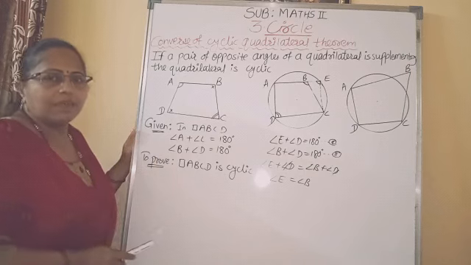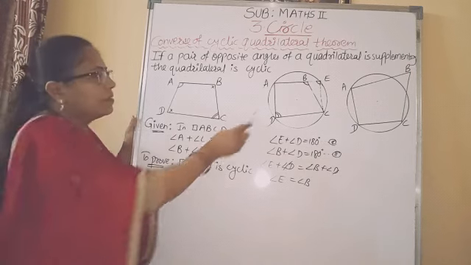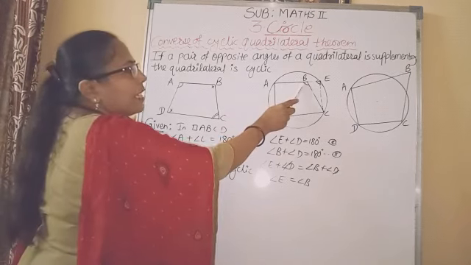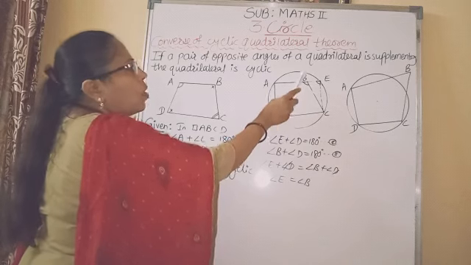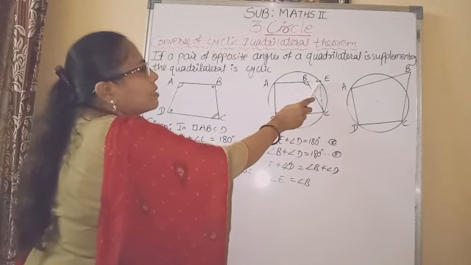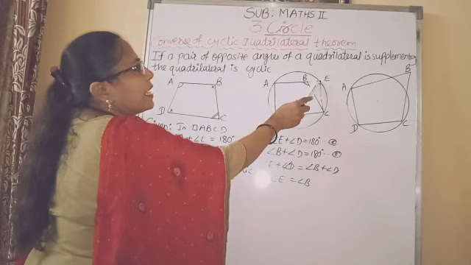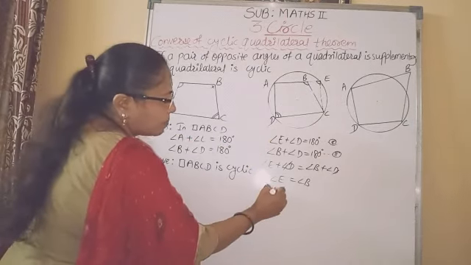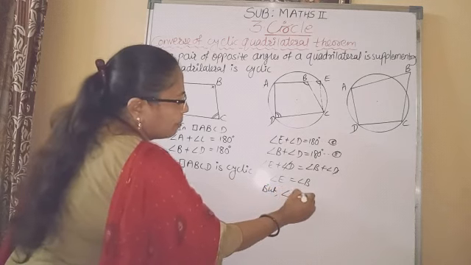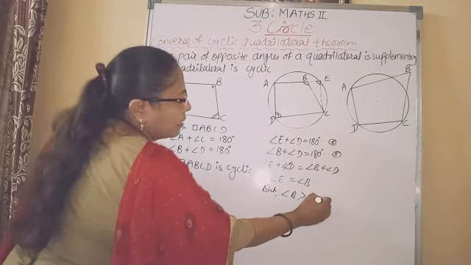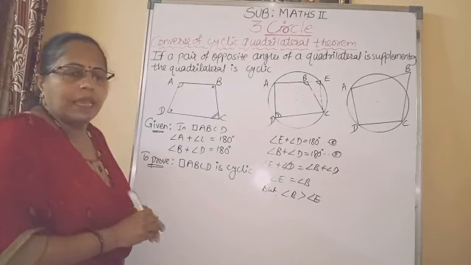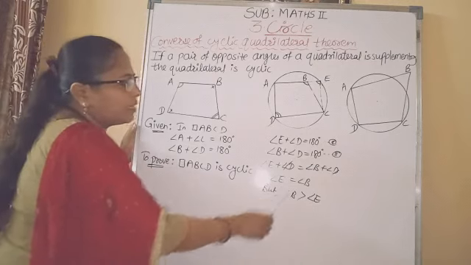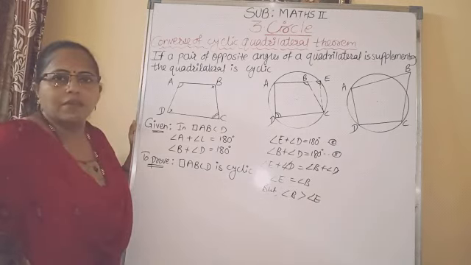But in 9th standard we studied the theorem: an exterior angle of a triangle is always greater than the remote interior angle. But angle B must be greater than angle E, and here we got both the angles equal.